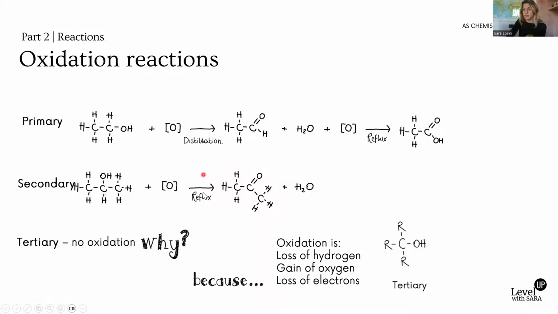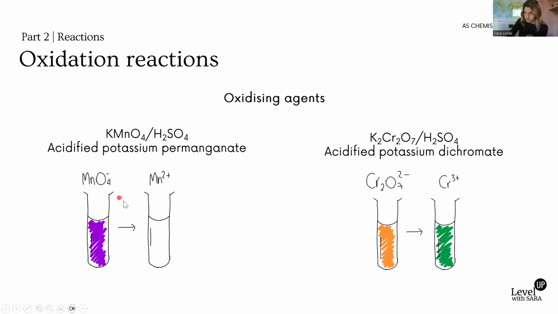Very important to remember the different techniques, distillation and reflux, and the definitions. Now, the oxidising agents are extremely important, also the colours, because this is not only the two colours of transition metals that you already remember, but it's also a test for alcohols that you already know.